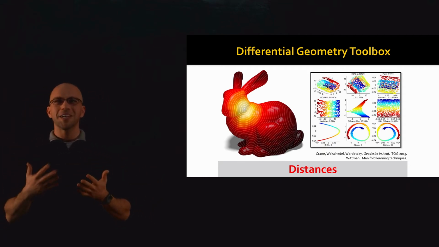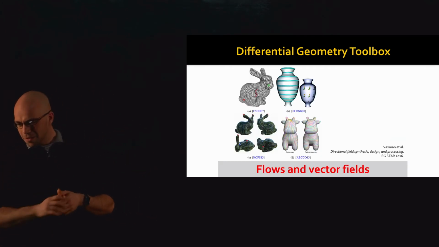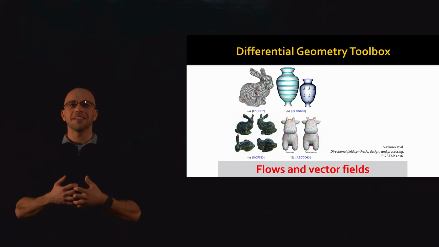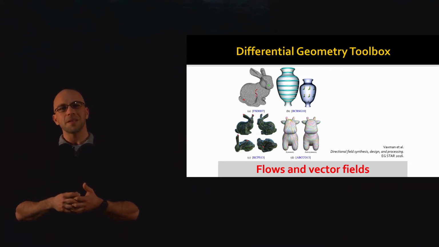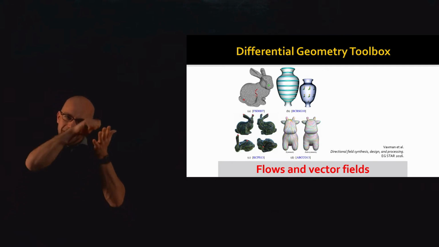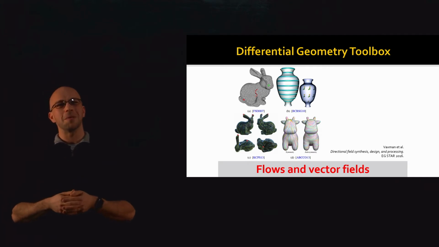But differential geometry actually still tells us even more than just distances and curvature. For example, one of the really powerful ideas in differential geometry involves flows and vector fields. So on surfaces, we can put little hairs on a surface that are tangent to the surface at every point.